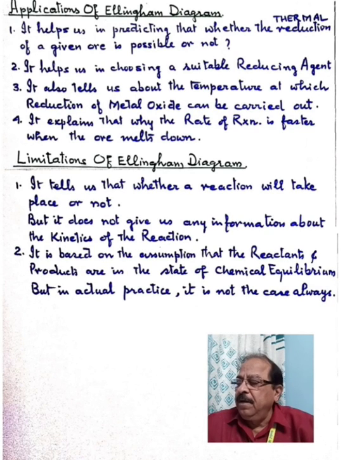Students, now let us understand what are the applications of Ellingham diagram. Ellingham diagram helps us in predicting whether the thermal reduction of a given ore is possible or not. Okay, we can find out whether we can bring about thermal reduction of a given ore or not.